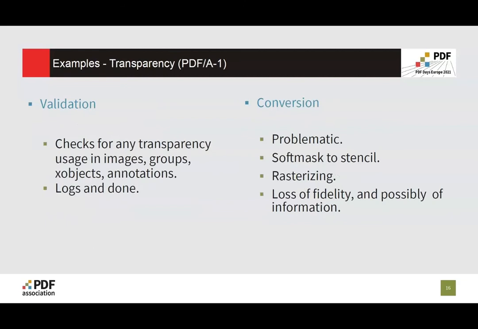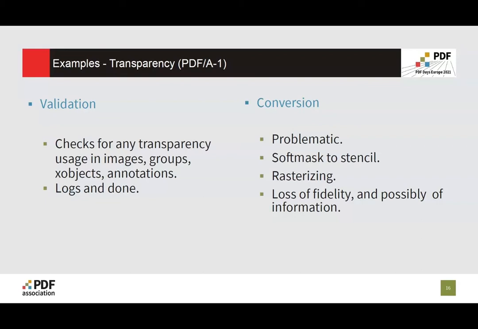Another interesting example is the transparency. This topic is relevant only to the PDF/A-1 format, since transparency is supported in the PDF/A-2 specification and beyond. Again, let's compare. Validation needs to analyze all the images, groups, XObjects, external graphic states, and annotations if they are utilizing any transparency features.